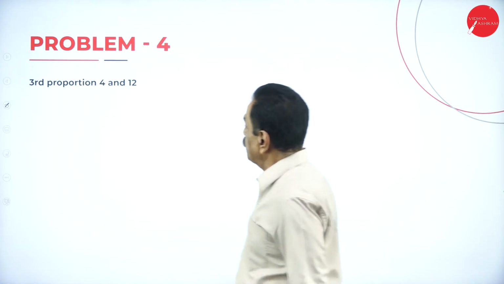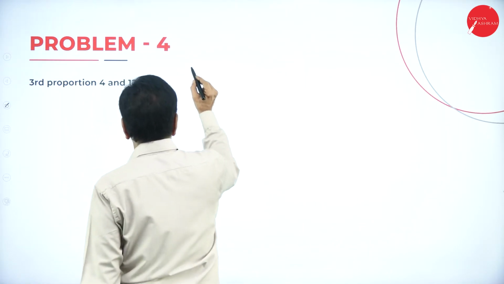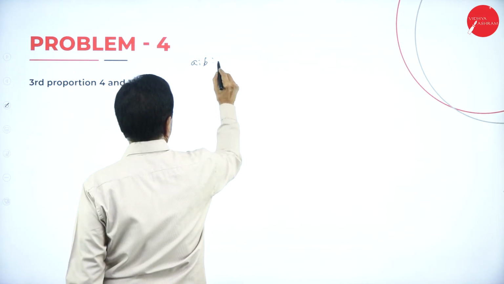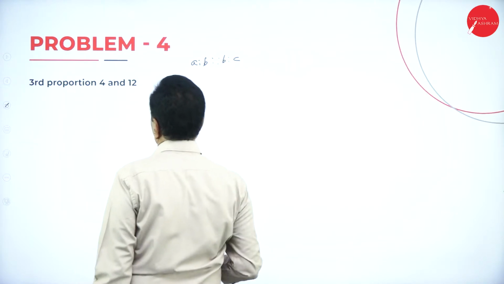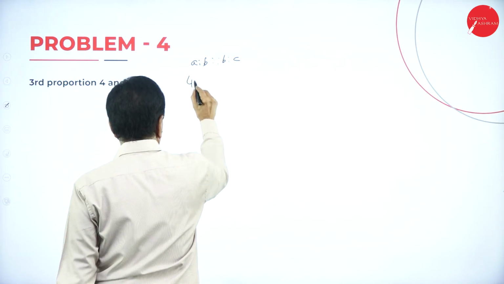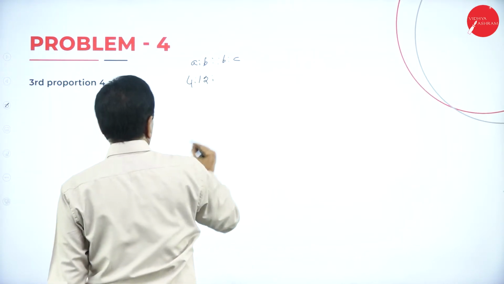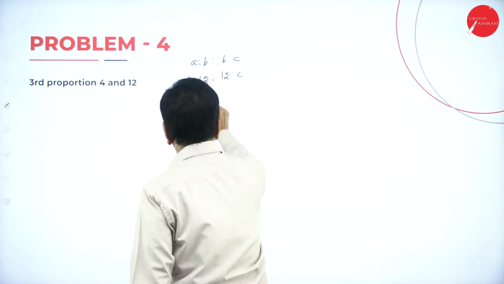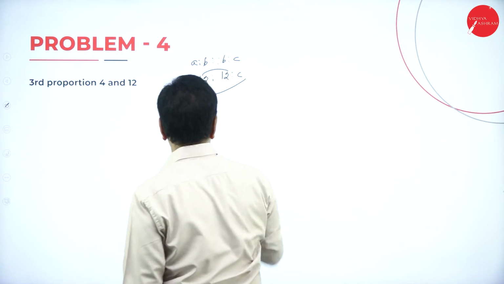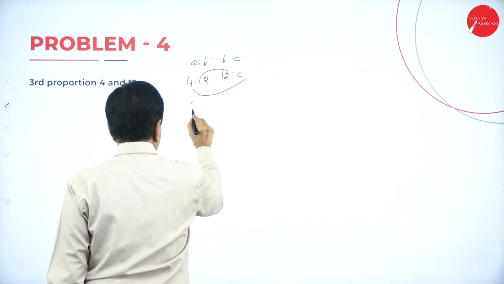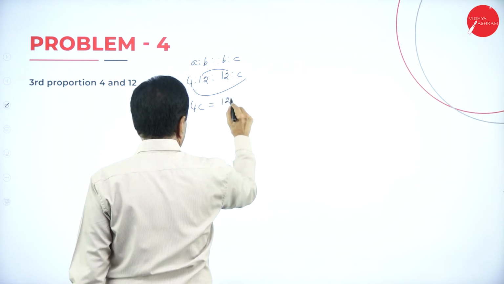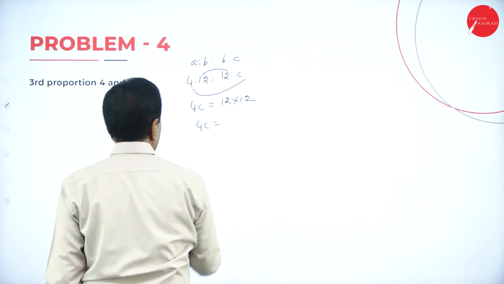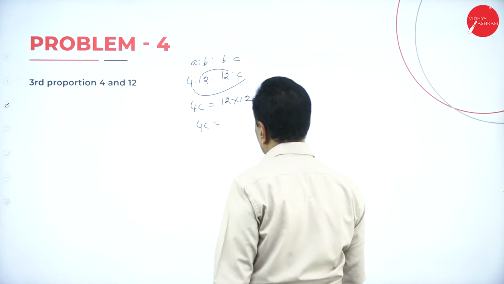Third proportion. This is 4 is to, same formula. A is to B, B is to C. What's your A? 4. 4 is to 12, 12 is to C. So first and last, second and third. 4C is equal to 12 into 12. 4C, 12 twelves are 144.